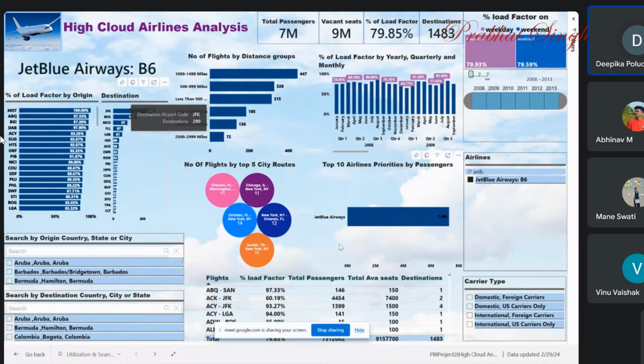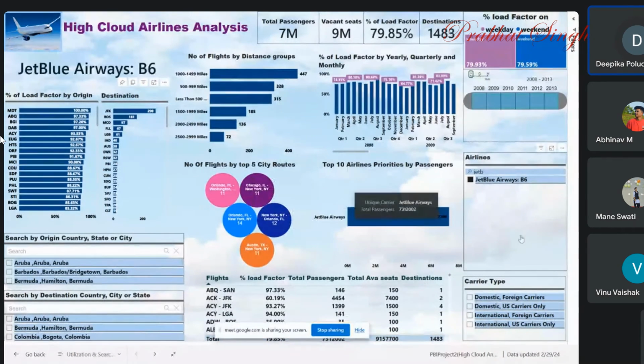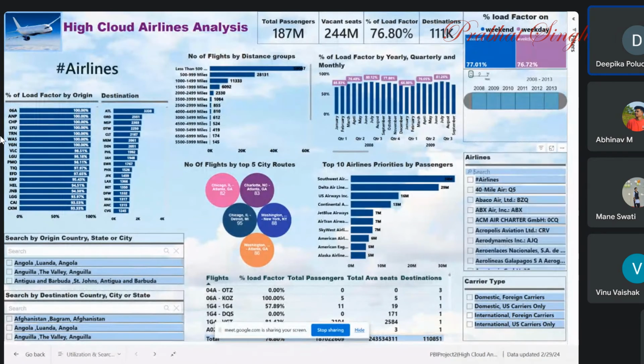Here, we are identifying passenger behavior for top city routes and top airline priorities of passengers. I'll just select all airlines to get an idea of how utilization is doing by the top airlines.